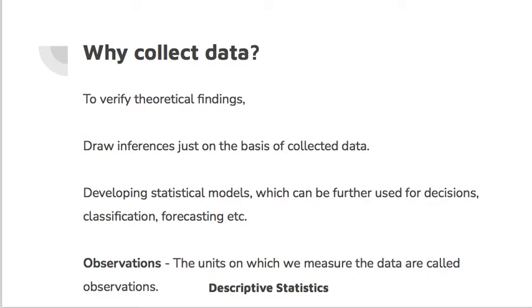We can collect data using laboratory experiments, through surveys, primary data and secondary data. These are all the sources of data collection. So you have to use the appropriate statistical tool according to the data that you have collected.